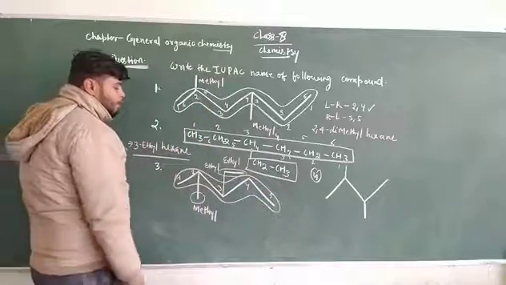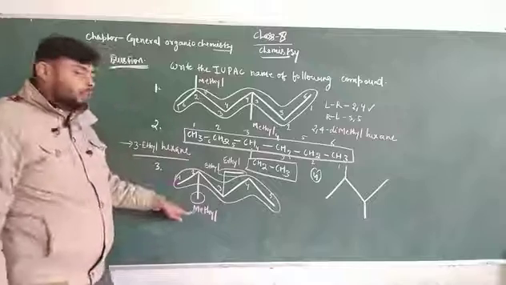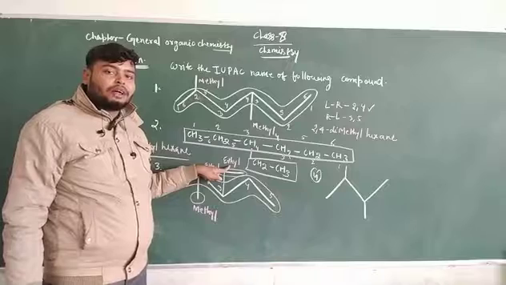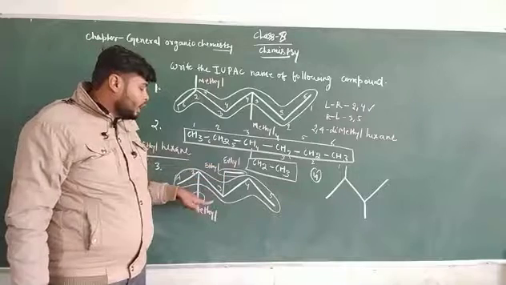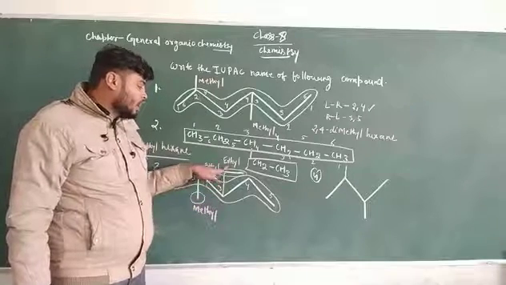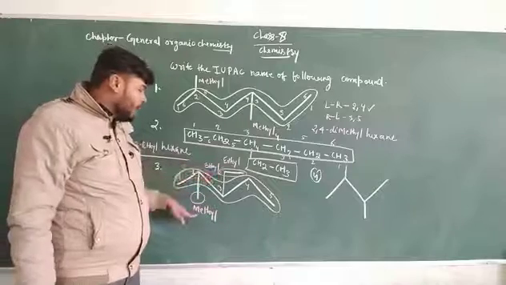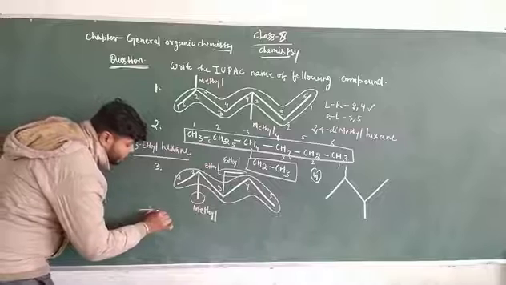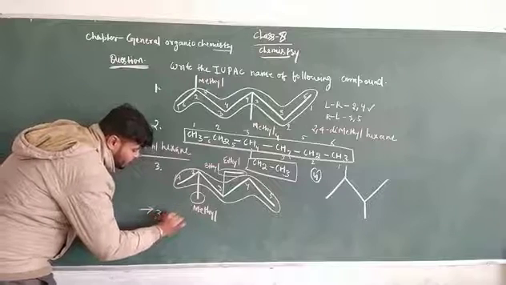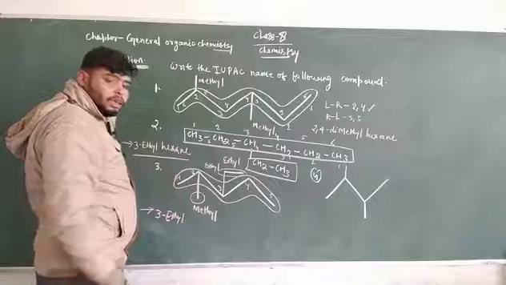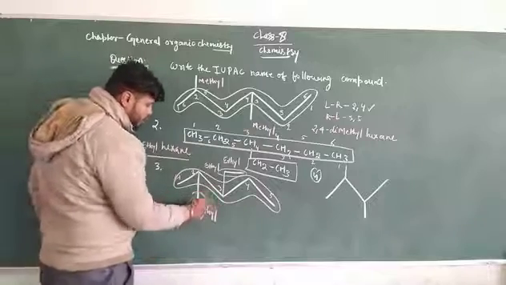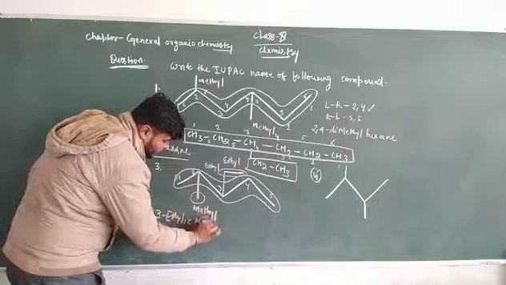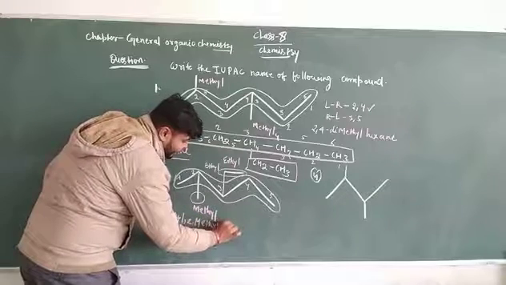We know there are 2 substituents, methyl and ethyl. Now we follow alphabetical order after applying the lowest locant rule. From alphabetical order we know that E comes before M. That means we write 3-ethyl, after that 2-methyl pentane.